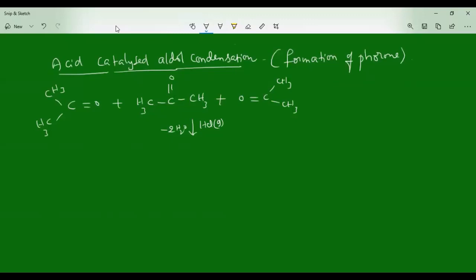The product will be formed by the removal of 2 water molecules. You can observe here 1 water, here 1 water you will remove. The product will look different. That is, double bonds will come in this manner.